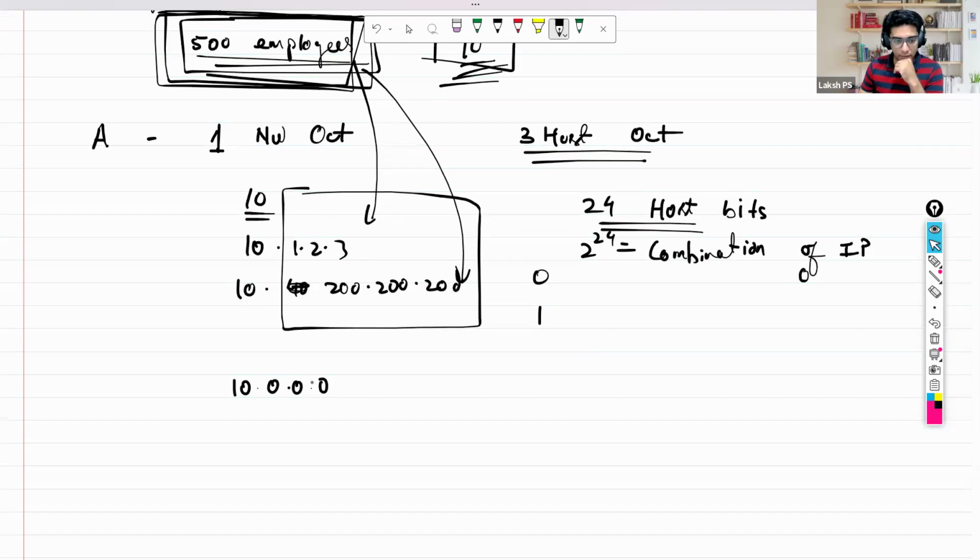But we are giving him the IP addresses for the 500 employees, and also a lot of IP addresses that he is not going to use at all. So the IP addresses are wasted. Except for those 500 IP addresses, the others are completely wasted.